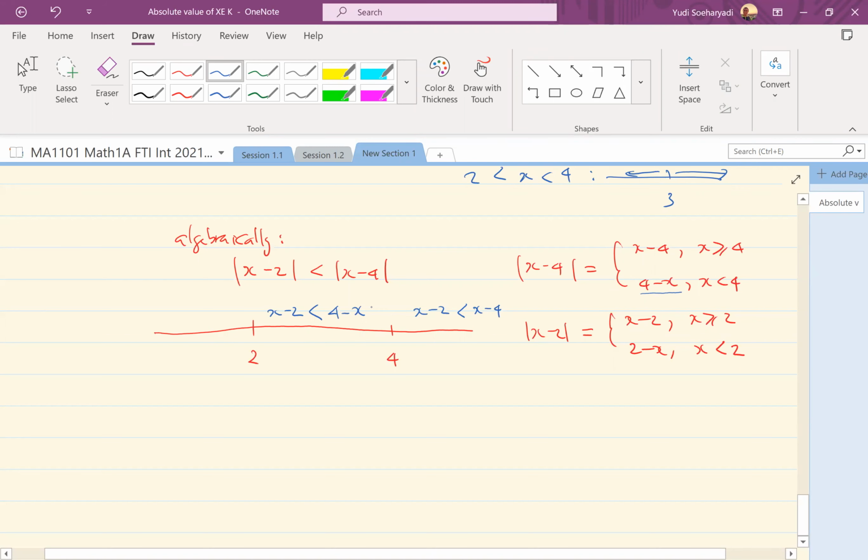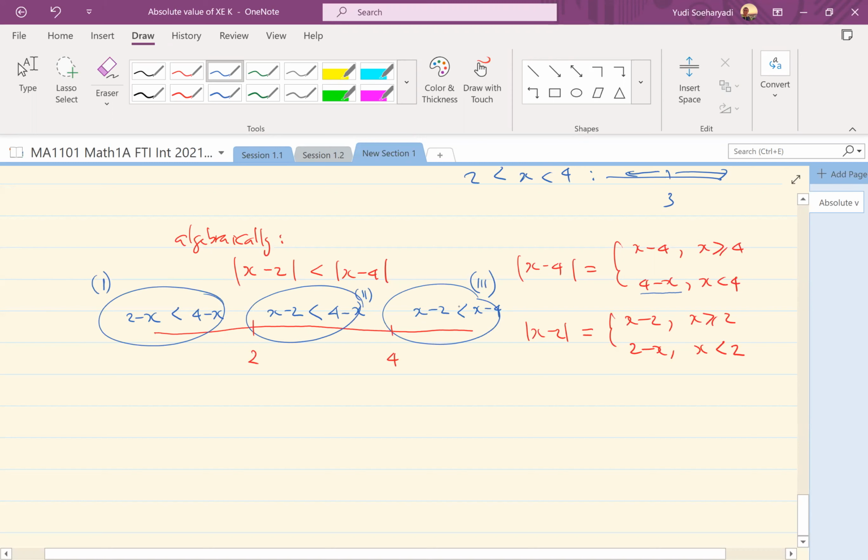And to the left of 2, you have 2 minus x. So we have 3 cases. So case 1 is for x less than 2.